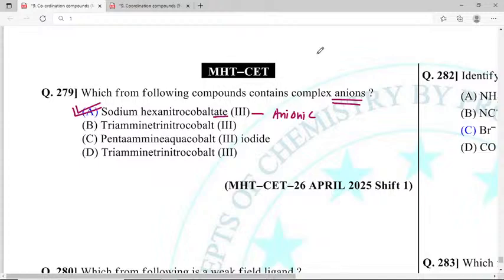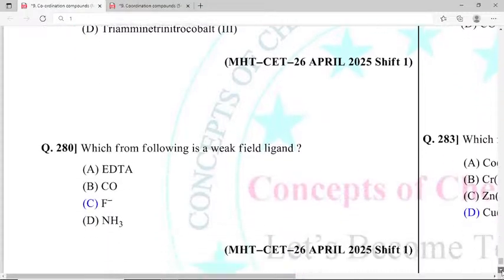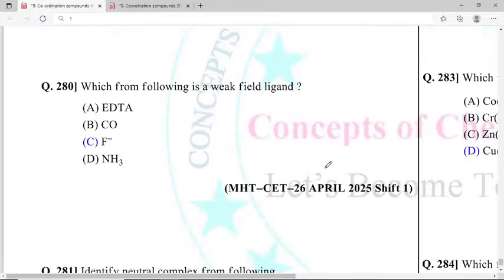ATE indicates that this is an anionic complex. Which of the following is a weak field ligand? F minus is the weak field ligand. Carbon monoxide is the strongest field ligand.